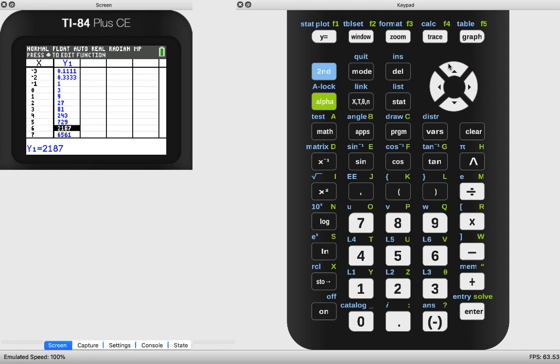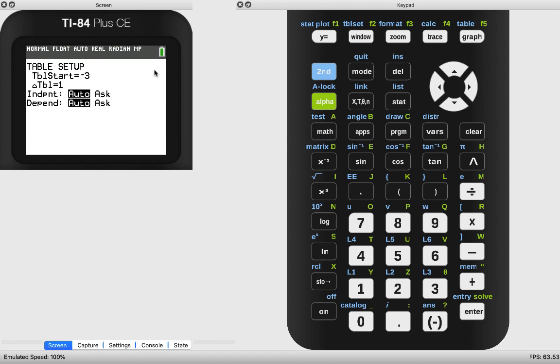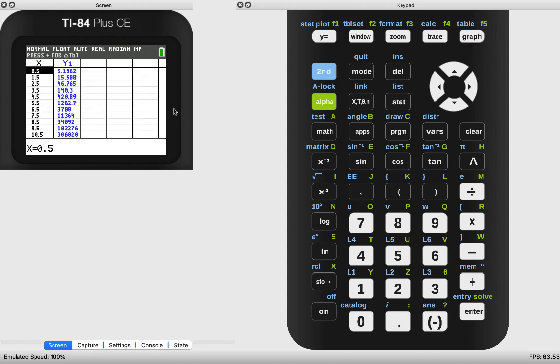And if I want to find out what it is at the 12th hour, I can change my table by hitting second function, window, and having my table start at 0.5. Now, if I go to my table of values, I can see here at half a day, it looks like my bacteria count will be just slightly over 5.